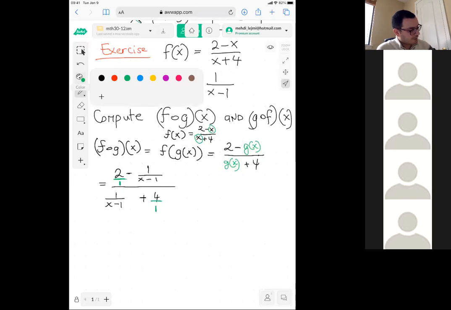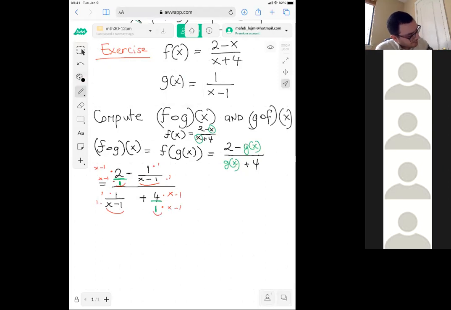We need the common denominator, which is x minus 1. So I multiply here by x minus 1 over x minus 1, and here the denominator is 1, so I multiply by 1. In the bottom, it's like you cross multiply.